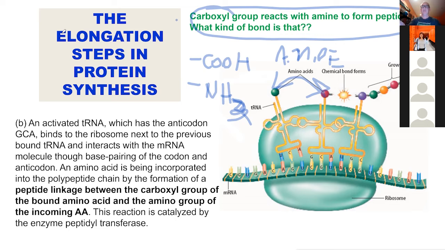And when you make that bond, you break at the same time the bond the amino acid has with the transfer RNA. The tRNA leaves, and you just get a longer and longer chain.